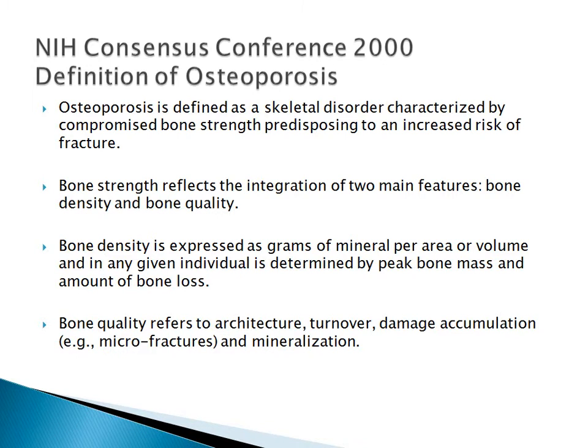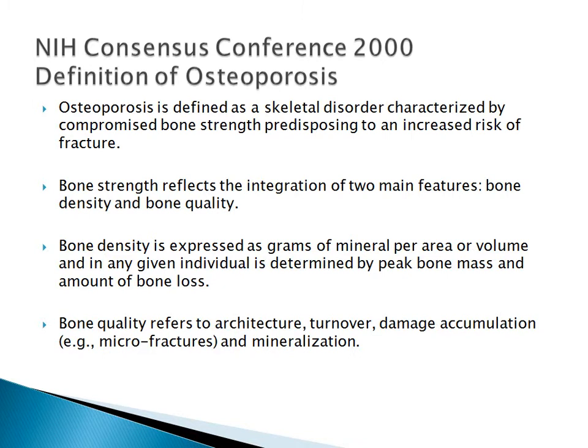Bone strength reflects the integration of 2 main features, bone density and bone quality. Bone density is expressed as grams of mineral per area or volume, and in any given individual is determined by peak bone mass and the amount of bone loss. Bone quality refers to architecture, turnover, damage accumulation, and mineralization.